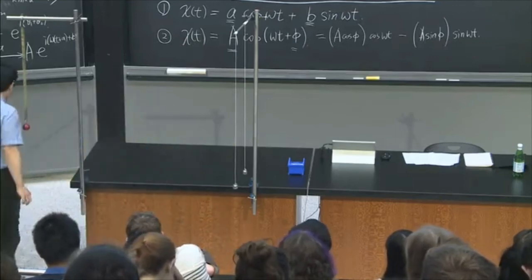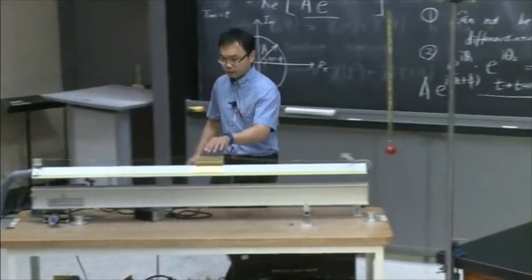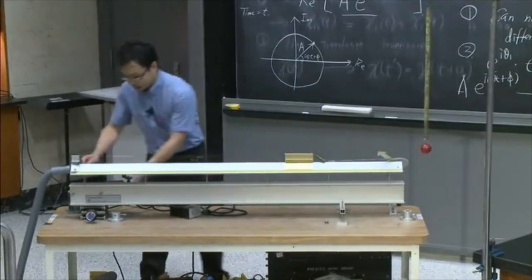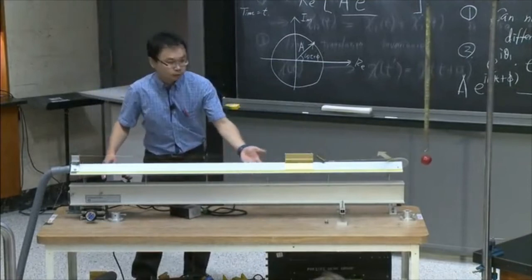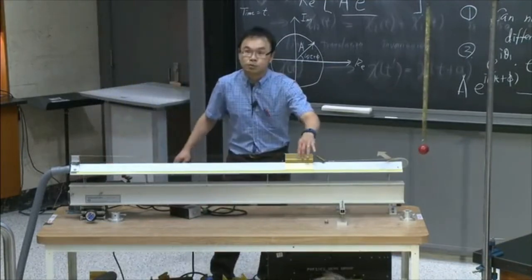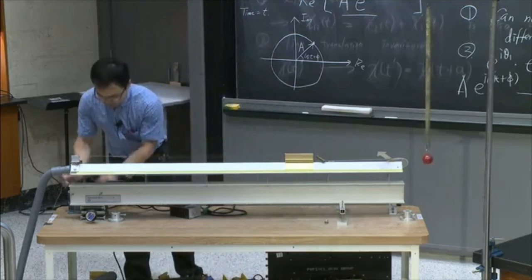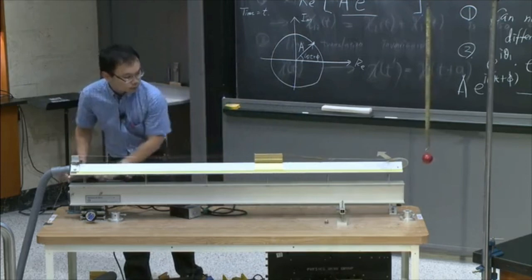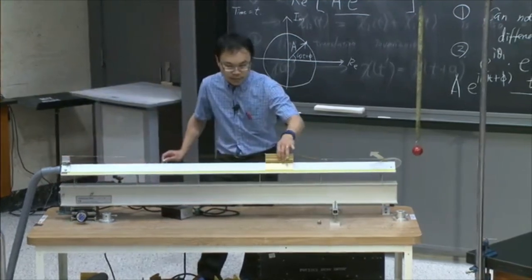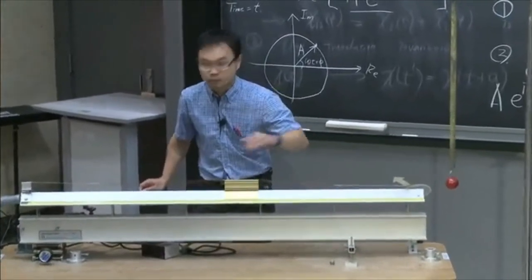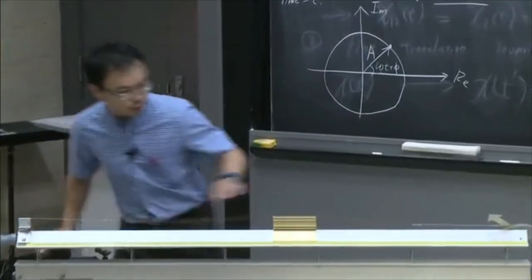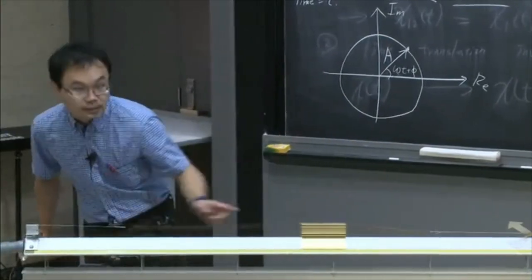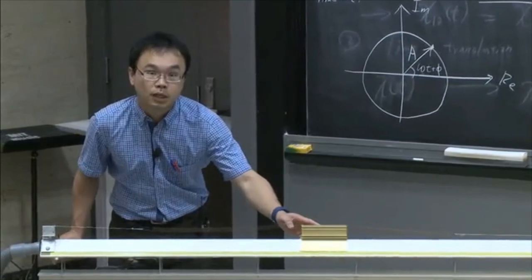When I move this system, if I turn off the air so that there is friction, then it doesn't really move. If I increase the air a bit so that it has some slight freedom, then you can see that it moves a bit, then it stops. If I increase it some more, you can see that the amplitude becomes smaller and smaller.